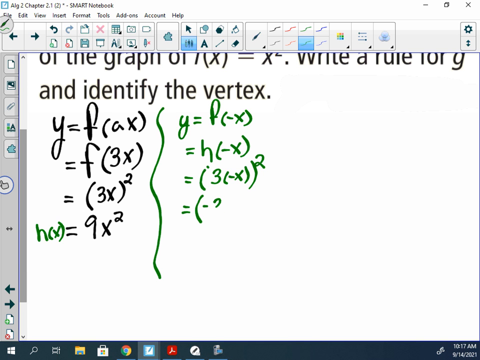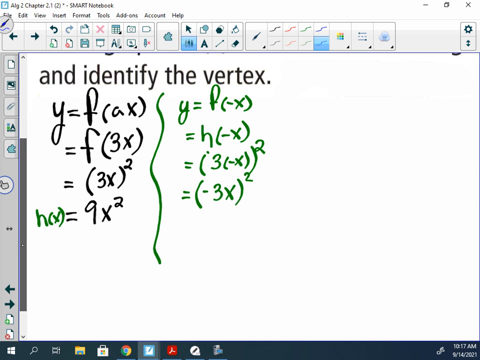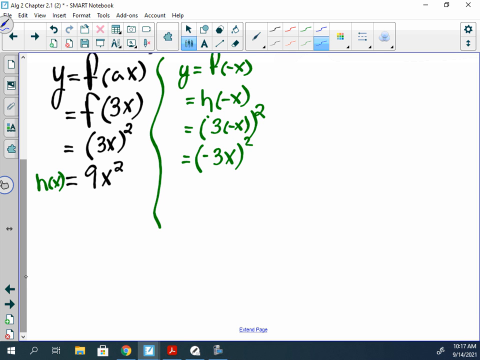3 times negative x would be negative 3x squared. Put a line. If you use the 9x, it'd be 9 parentheses negative x squared.